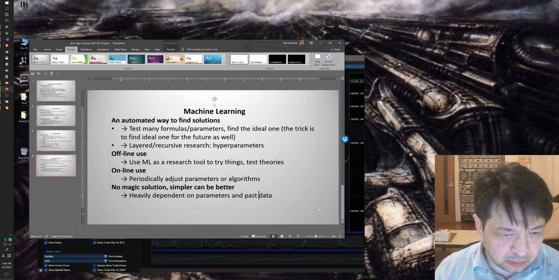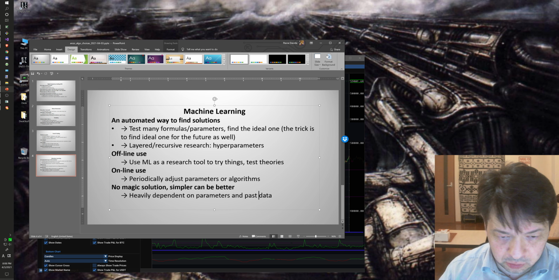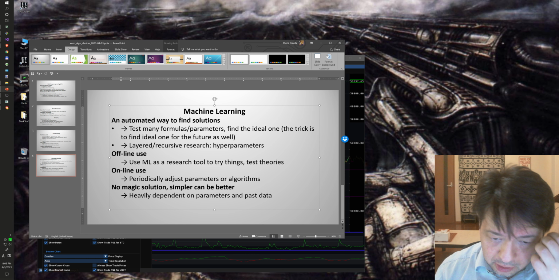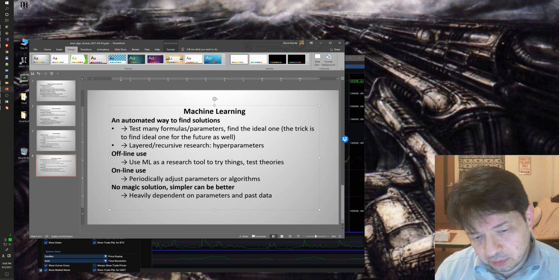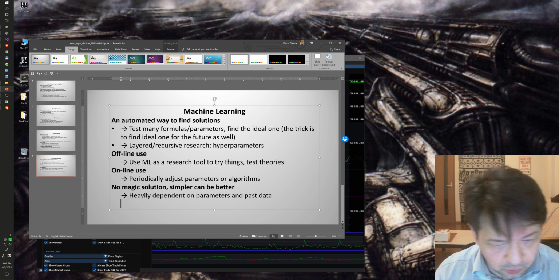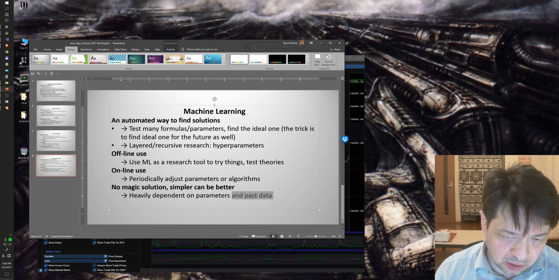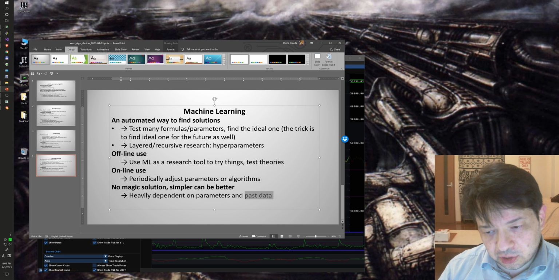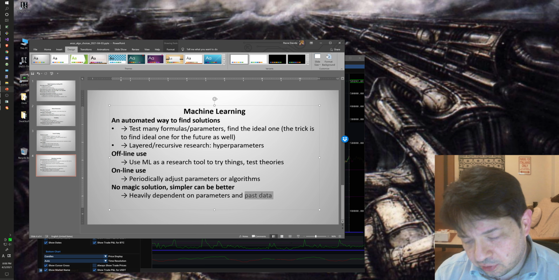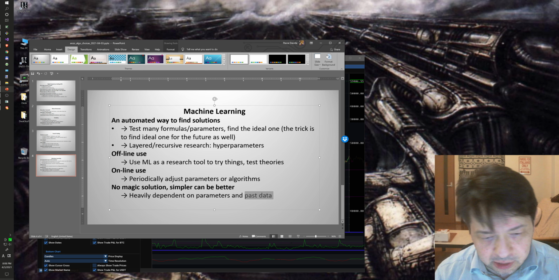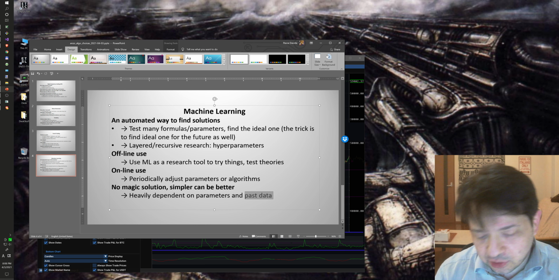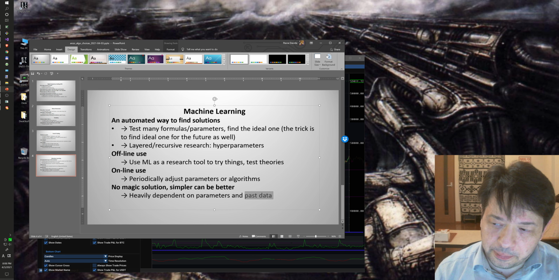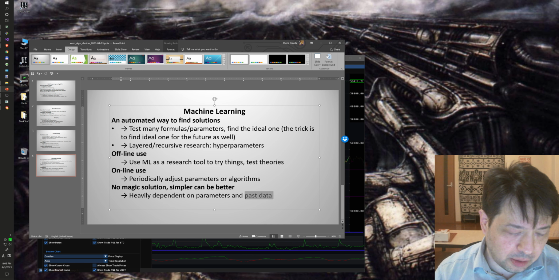But yeah, with machine learning, there is no magic solution anyway, because whatever you do is heavily dependent on parameters, hyperparameters, whatever, and also on the past data. So it's very easy to build something that is extremely efficient with a set of data, if you make something complex enough, and that's fairly easy to do with a system that has a dynamic level of complexity.